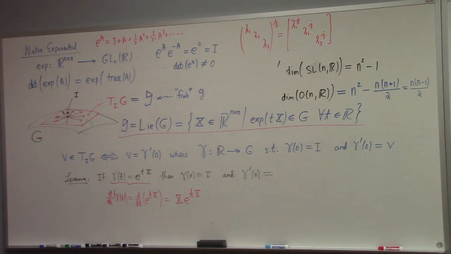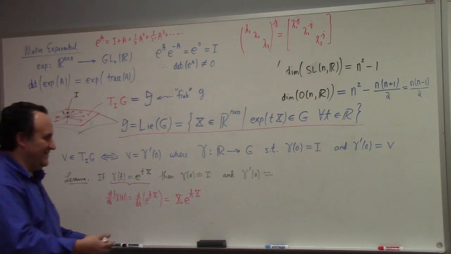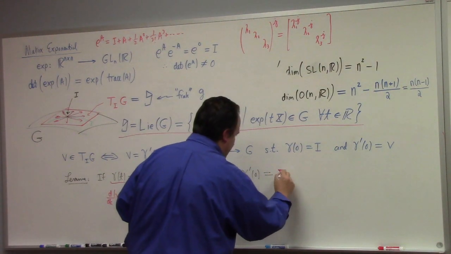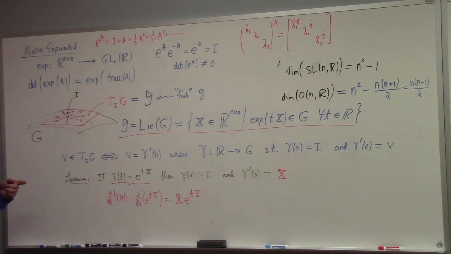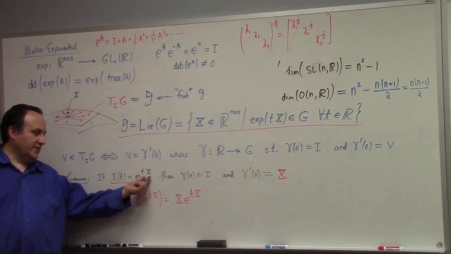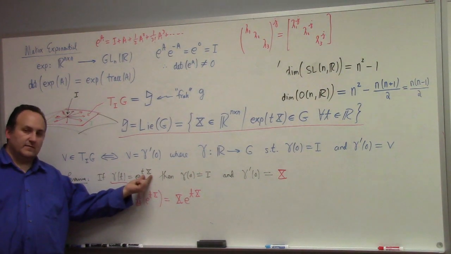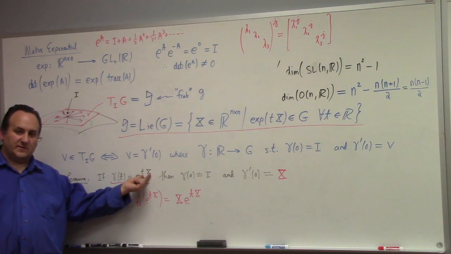So put t equals 0, what do you get? Oh, just X. Right. So whatever you're putting here, that becomes what's in the Lie algebra.